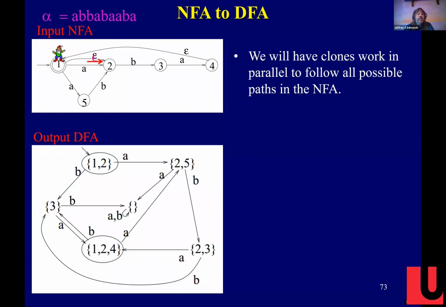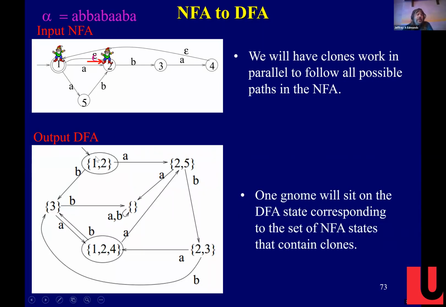So here, when you first start, the clone could stay here, or before reading any characters, the clone could follow this epsilon path, right? So before reading any characters, the NFA could be on state 1 or state 2, right?